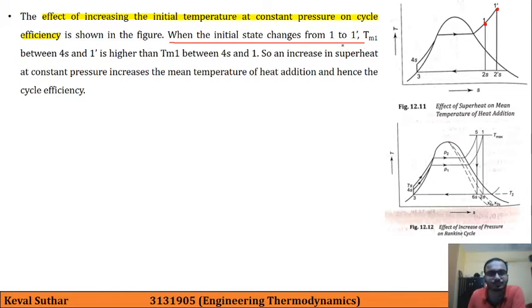Here Tm1, between 4s and 1 prime, let us say this is denoted as Tm1 prime, because we are going from 4s to 1 prime.